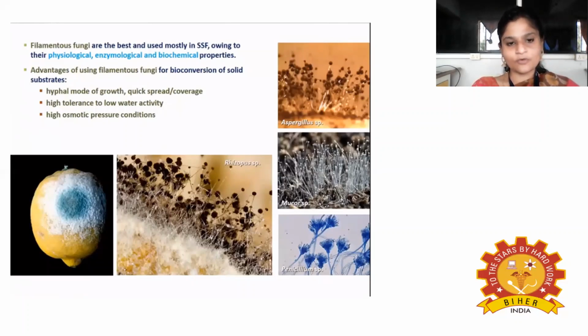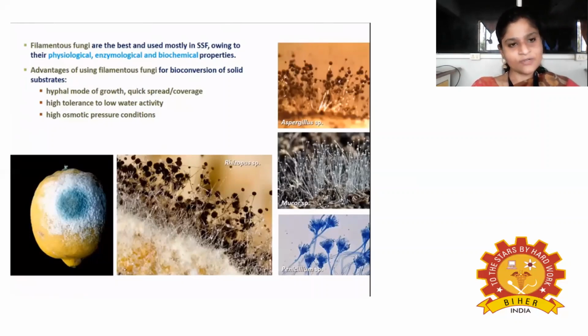So this hyphal mode is the protruding part of the fungi, so it will be easy for the fungi to spread wide. So that's what is mentioned here, the quick spread and coverage. It is going to spread easily and cover the maximum biomass that is occupied in the process. Okay, so high tolerance to low water activity.